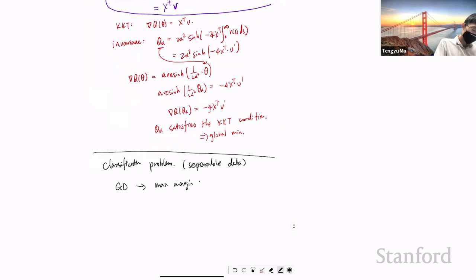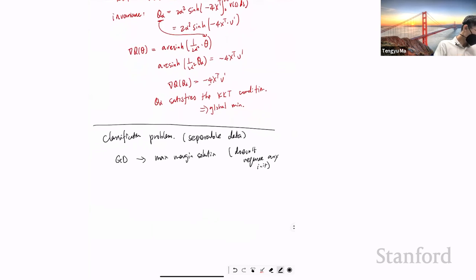This doesn't require any particular initialization; it works for any initialization. The only thing you need is gradient descent and some loss function, which I'm going to define. With no regularization, you just run gradient descent on the loss for a long time, and you converge to the max margin solution.